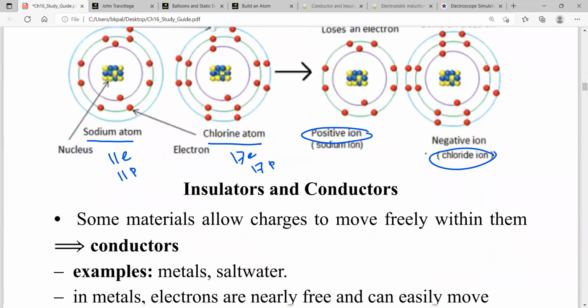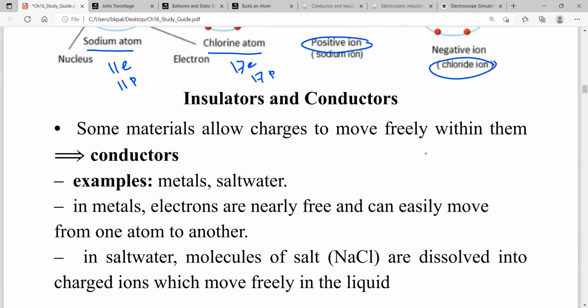All right. The next thing I'm going to talk about is insulators and conductors. In chapter 15, you already learned about insulators and conductors, but that time it was for heat insulators and heat conductors. The electric insulator and electric conductor are very similar. The materials that can easily conduct electricity are conductors, and where electricity cannot be conducted easily, we call them insulators.